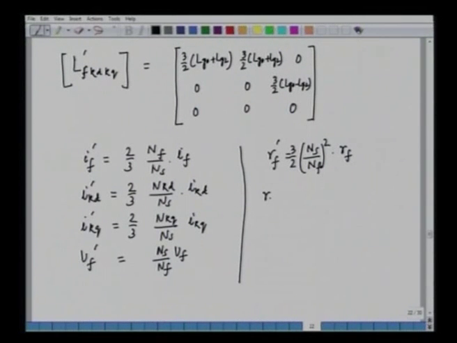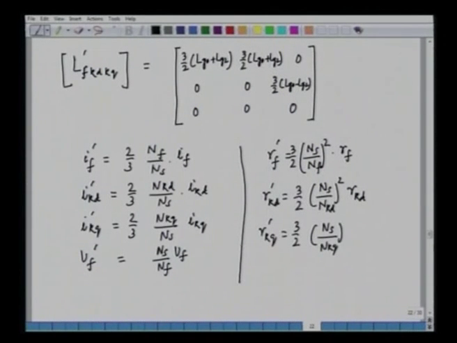Similarly, Rkd prime is equal to 3 by 2 times Ns by Nkd whole square, into the actual damper winding resistance in the d axis, and Rkq prime is equal to 3 by 2 times Ns by Nkq whole square into Rkq, and Rkq is the damper resistance in the q axis.